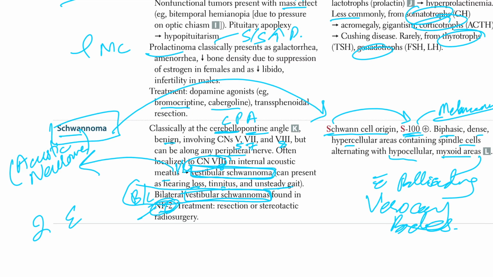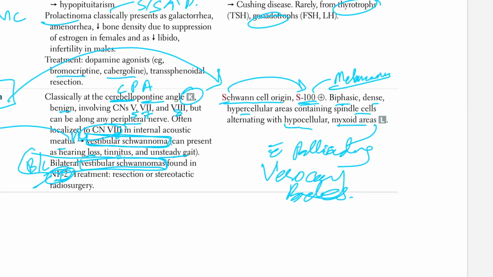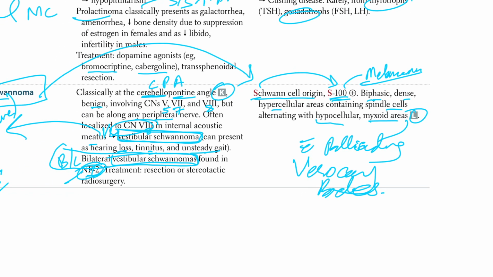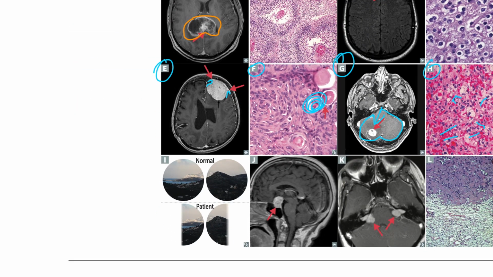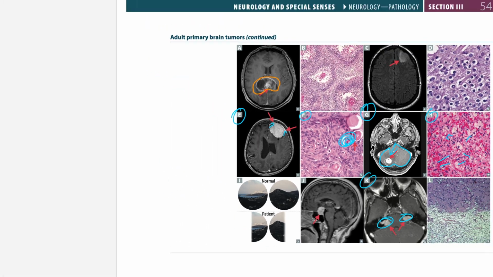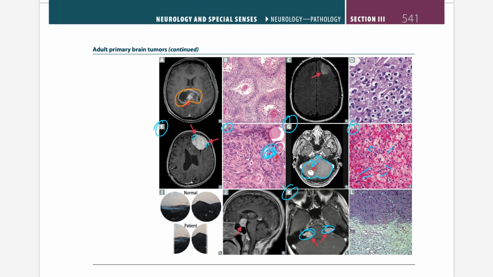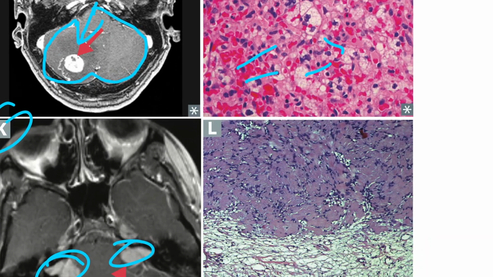Okay, and let's take a look at picture K for CPA, cerebellopontine angle, and L for the histology. Here's the cerebellopontine angle, and you can see how it's affecting bilaterally. And in the other picture, you see hypercellular areas, a lot of cells, right?